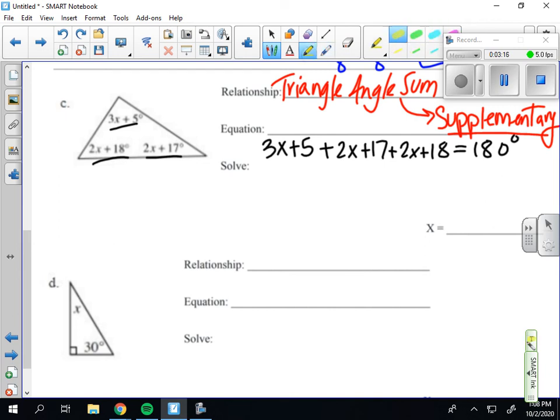So let's go ahead and combine like terms. 3x, 2x, 2x, 5, 17, and 18. So all the x's are added together, and that gives 7x. 5 plus 17 plus 18 gets added together, and you are going to get 40.